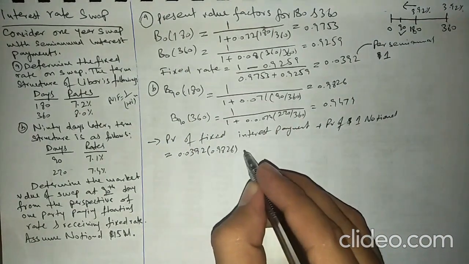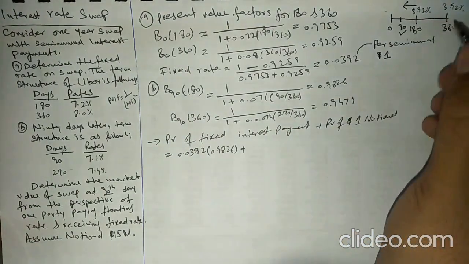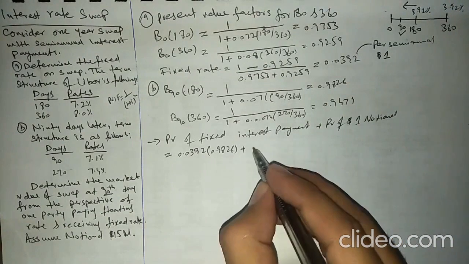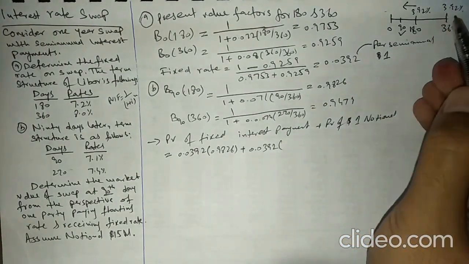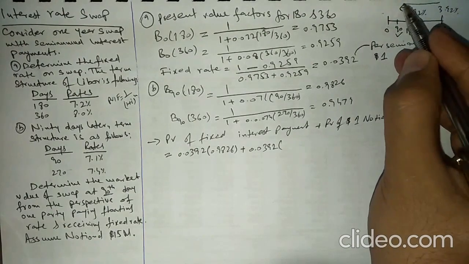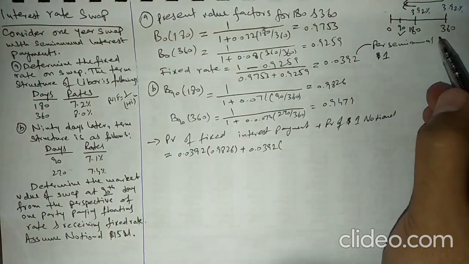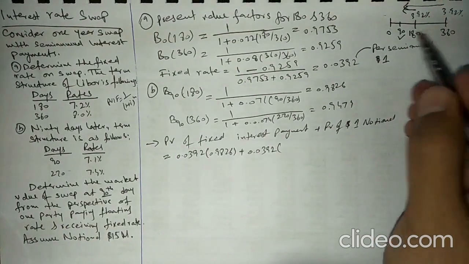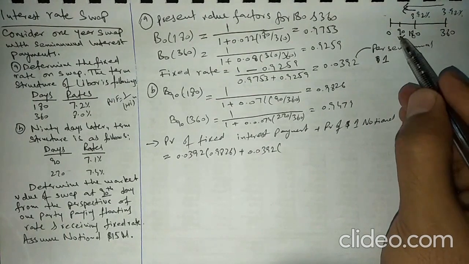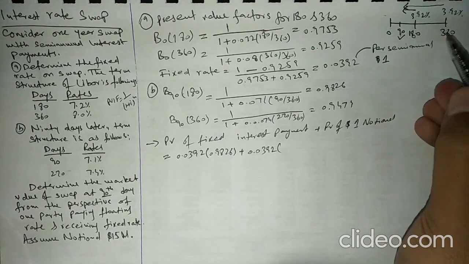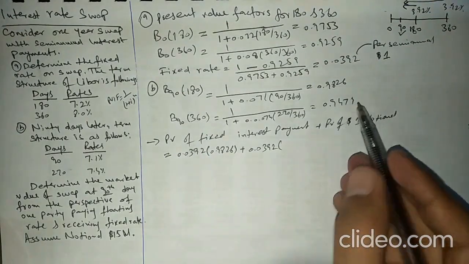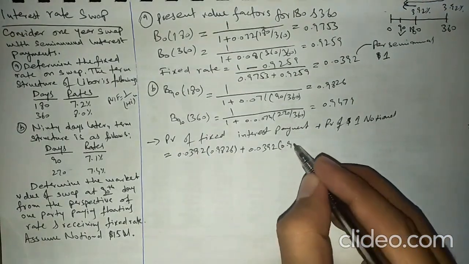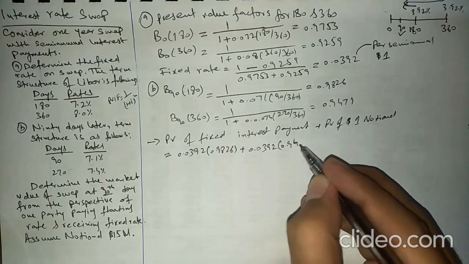0.9826. And then to calculate the present value for the second interest payment, which is 0.0392, we will discount back this value to 90 days. From the 360th day to the 90th day, the difference is 270 days, and the present value factor of 270 days is 0.9474.